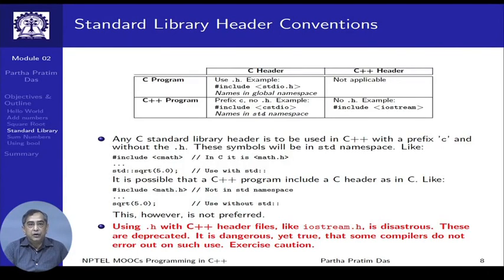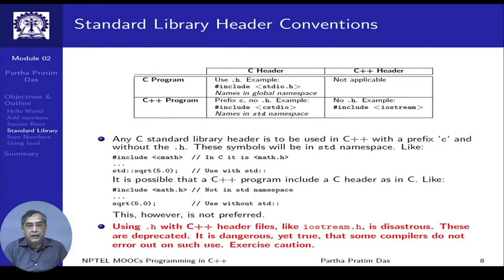On the rows we show the language in which you are writing the program, and on the columns we show the header being used, whether it is from the C or the C++ standard library. If you are writing a C program and using C standard library headers, we all know you will include stdio.h. If you are writing a C++ program and including a C standard library header, then you will need to prefix the C standard library name with a c.